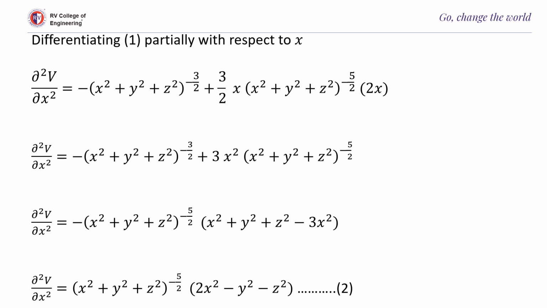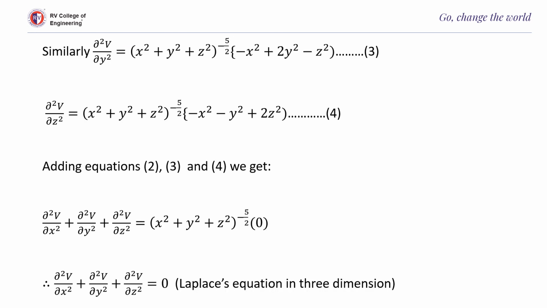Similarly, I can find dou square v by dou y squared and dou square v by dou z squared in the similar pattern, and these are named as equation 3 and equation 4. Now the LHS that we require is dou square v by dou x squared plus dou square v by dou y squared plus dou square v by dou z squared.